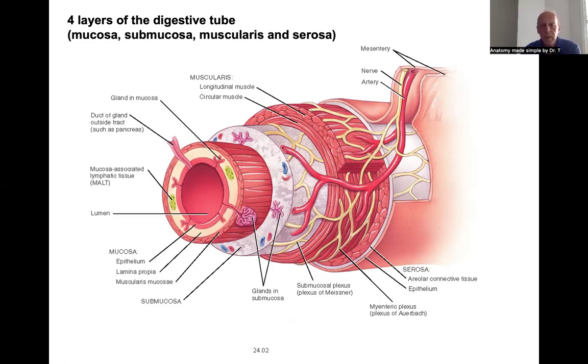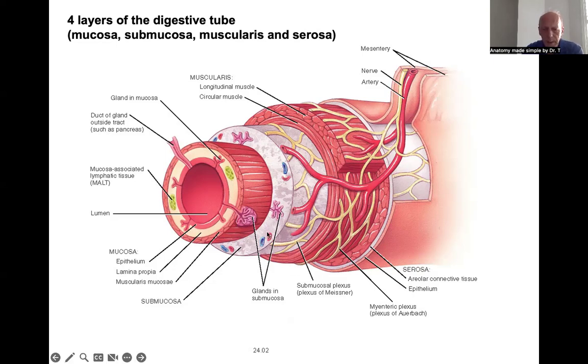We're coming now to the second layer that is called the submucosa. Based on the color, I think that right away you can say, yeah, I think this is really plenty of loose connective tissue, and your conclusion is absolutely right.